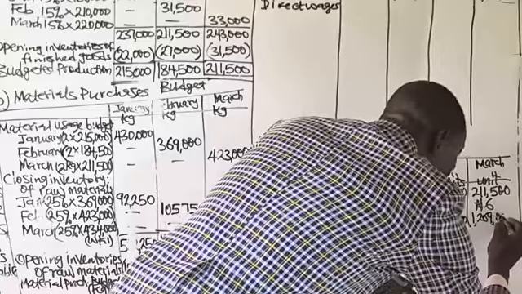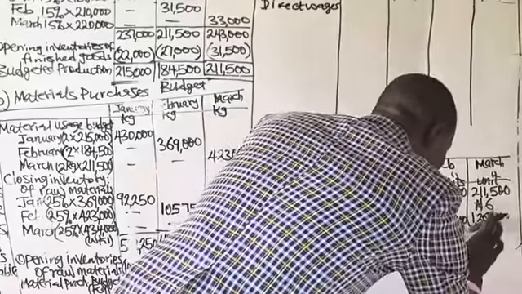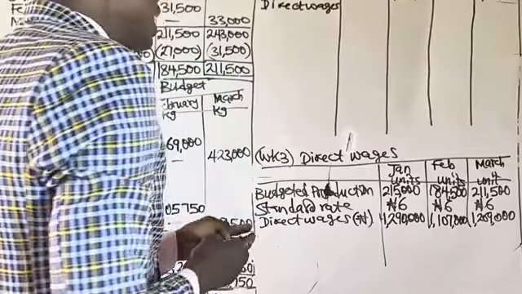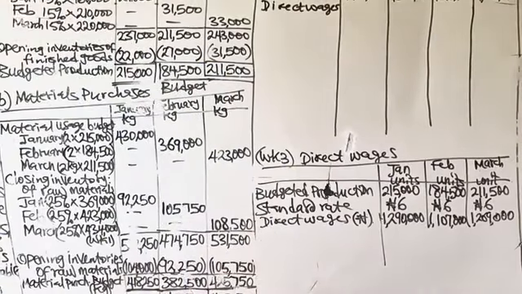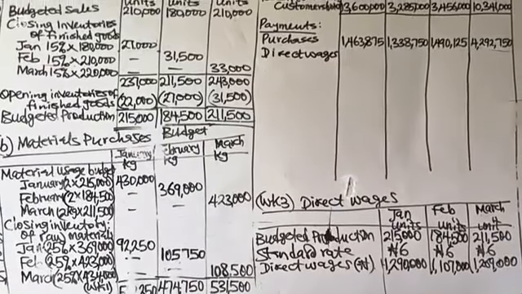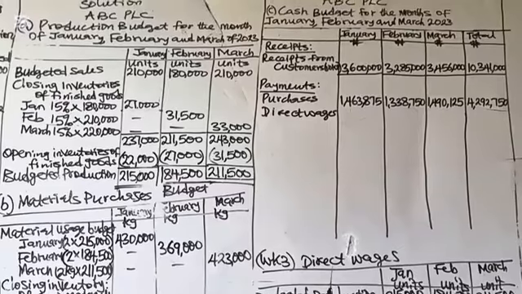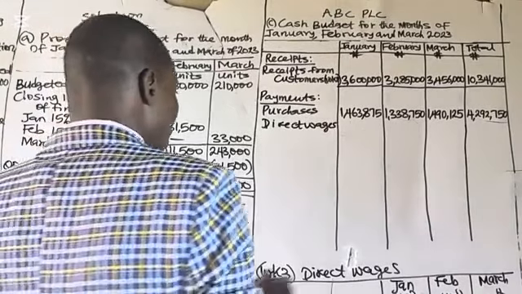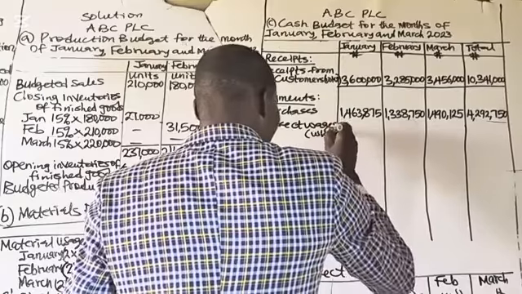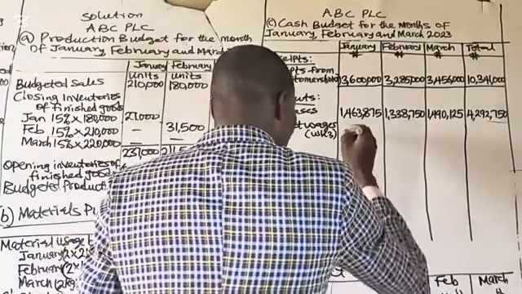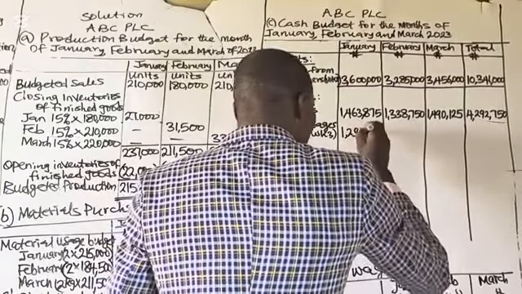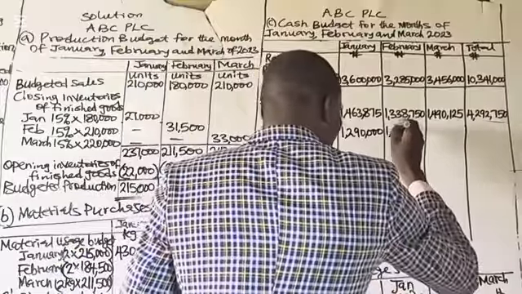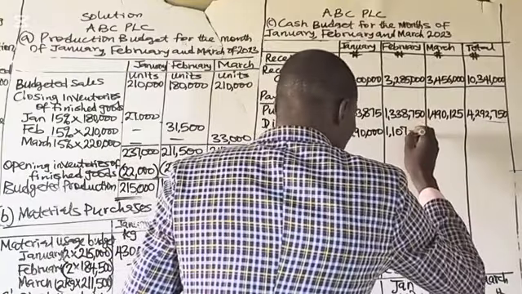Remember in the note, you were told that direct wages are paid in the month they were incurred. Since those wages are paid in the month they were incurred, that means you will include them in the cash budget in the very month those wages were incurred. So we have working number 3. Working 3, we got 1,290,000 for the month of January. And the month of February, we have 1,107,000.